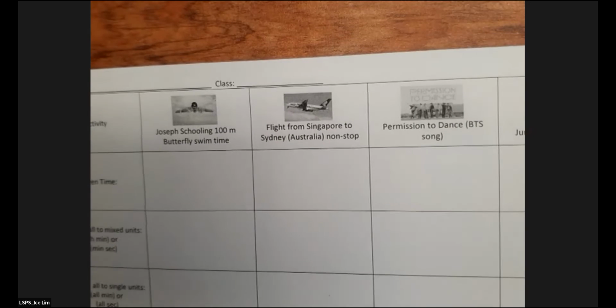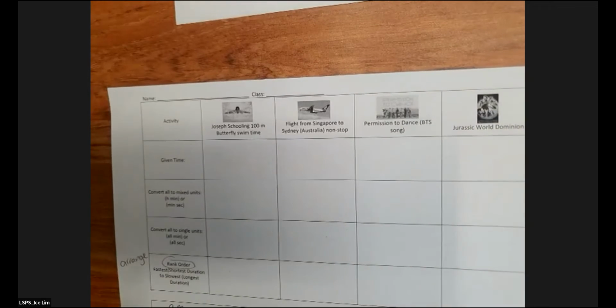Fastest means the shortest length of time, shortest duration, and slowest, you say that in English in terms of time, means the longest duration. Okay, so let's fill in the blanks and check whether you got it correct.